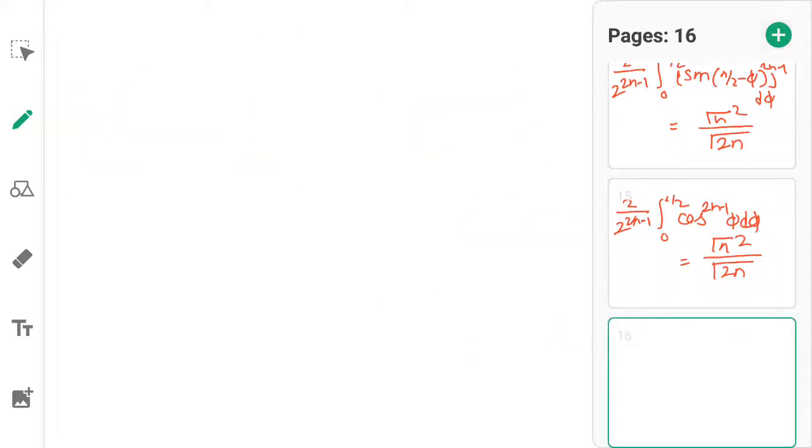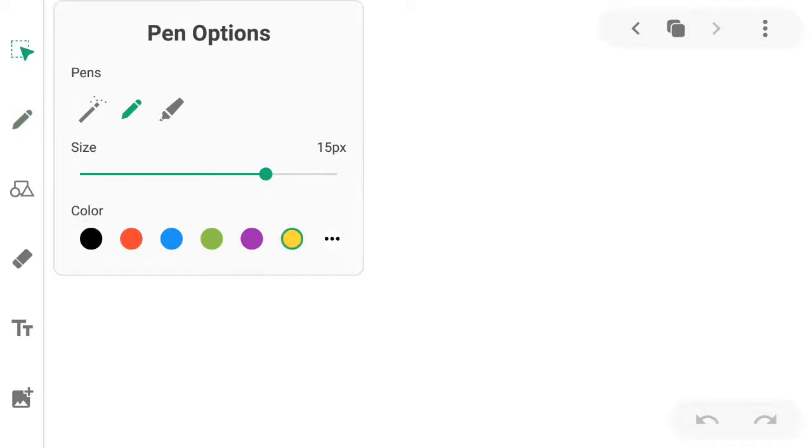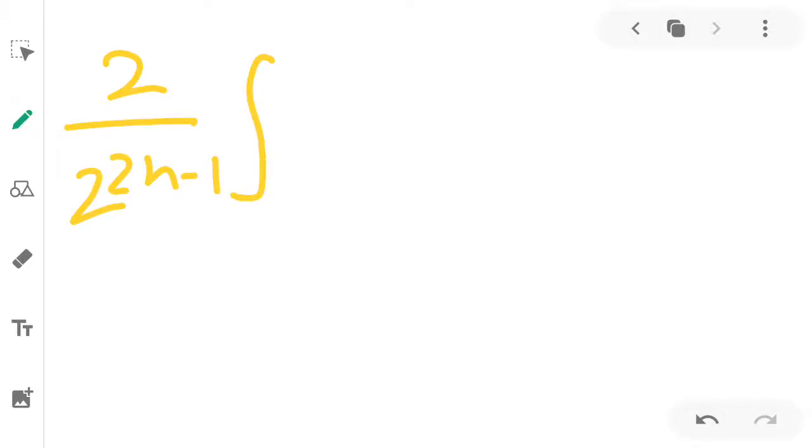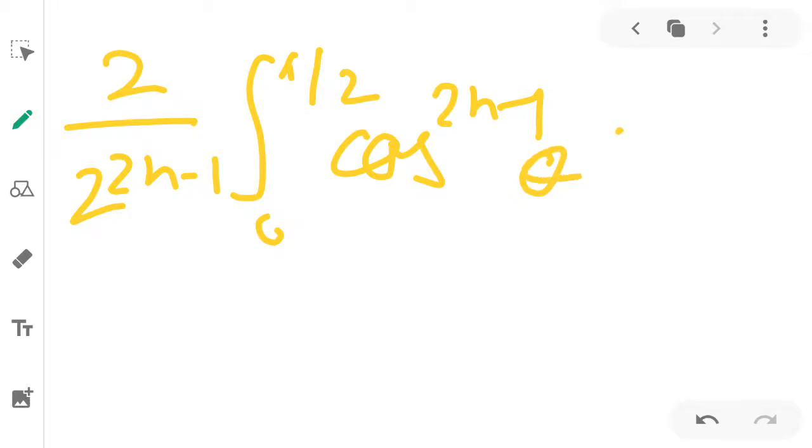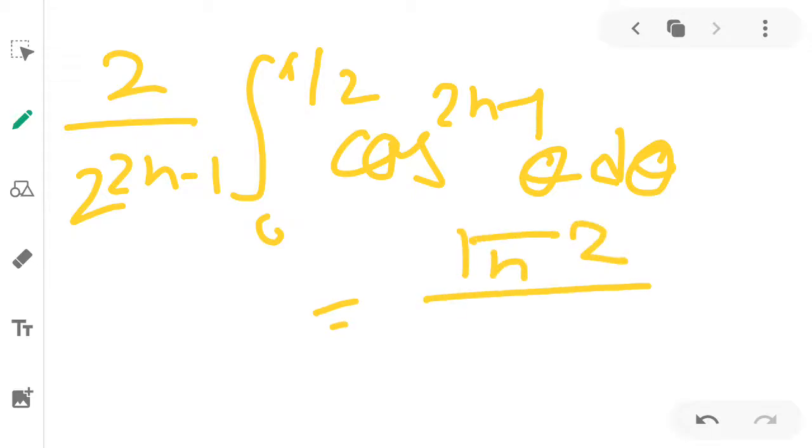So what we get: 2 upon 2 to the power 2n minus 1 integral 0 to pi by 2 cos to the power 2n minus 1 theta d theta, and this is equal to gamma n square upon gamma of 2n. Okay.